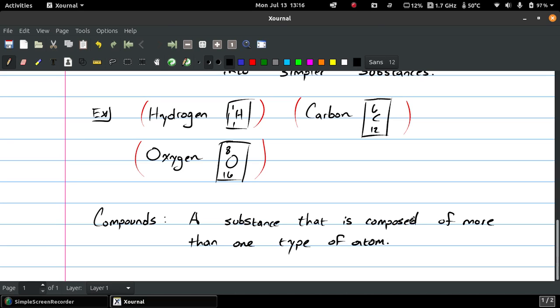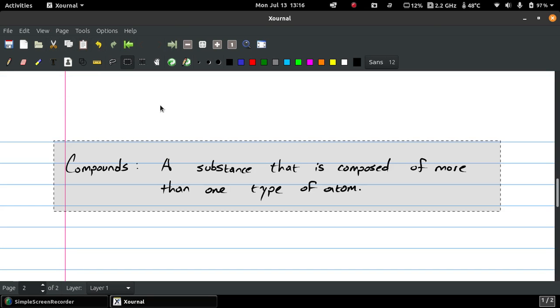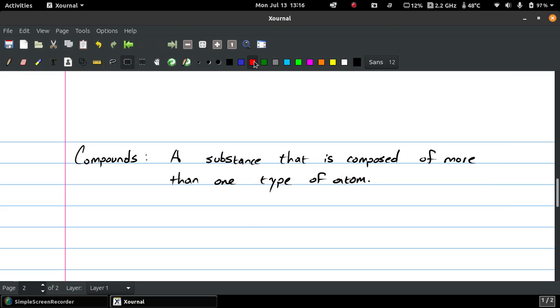Alright, so I ran out of room. Anyways, I'll just copy this and we'll go to the next page. Alright, now you have time to copy it.